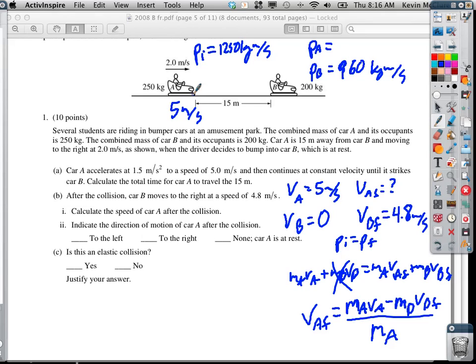What has to be true about the momentum before and after the collision? They have to stay the same. The total momentum has to be equal. So if the momentum of B is 1250, what must be the momentum of A? Okay, don't look at the 960. What I'm saying is, if this is 1250, and this is the original of 1250, then what must this be? Yeah, that must be 0.